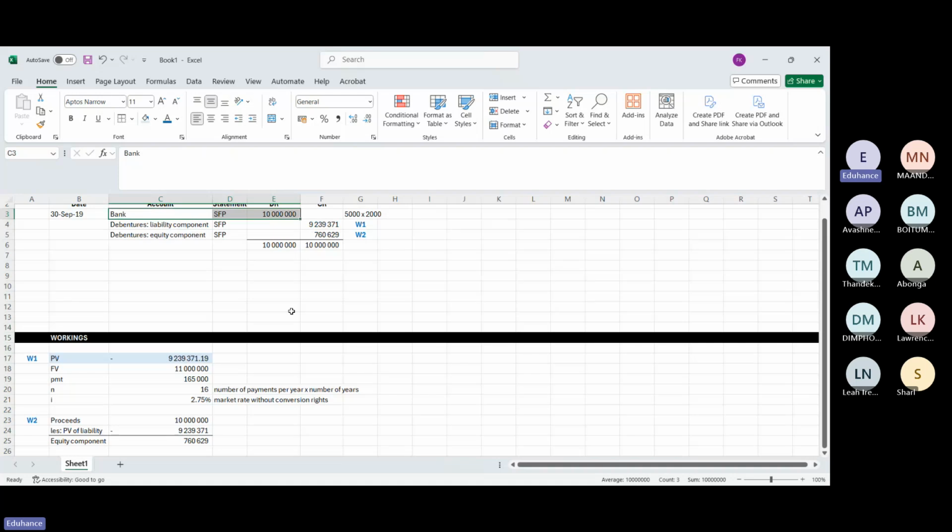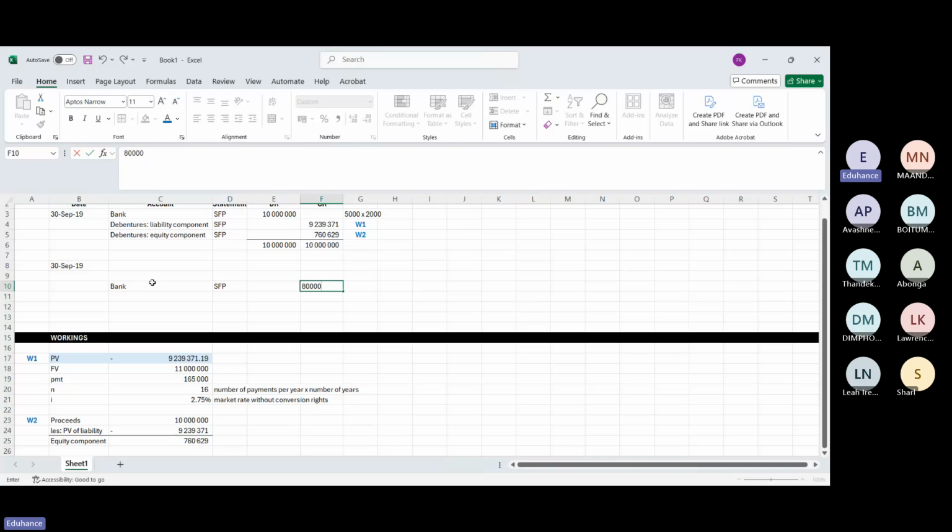So yeah, the credit bank is correct, but taking it to P&L is not correct. So what they should have done is the following. Same date, we would have paid transaction costs, so we will credit bank, SFP, 800,000.